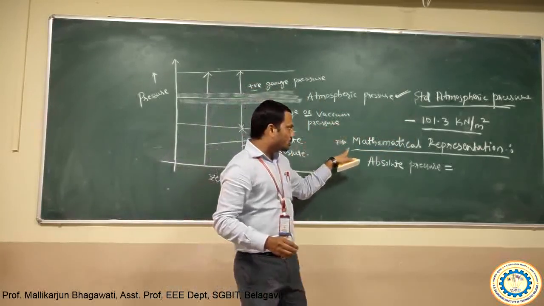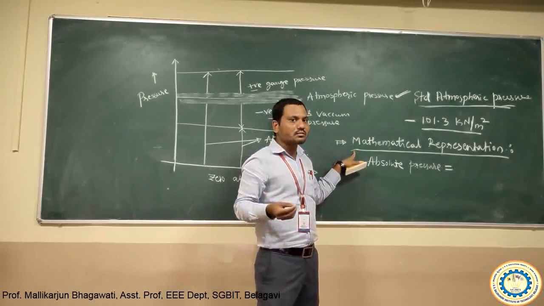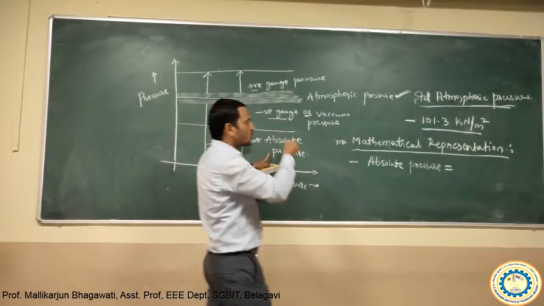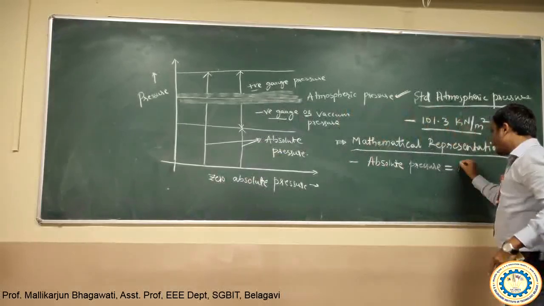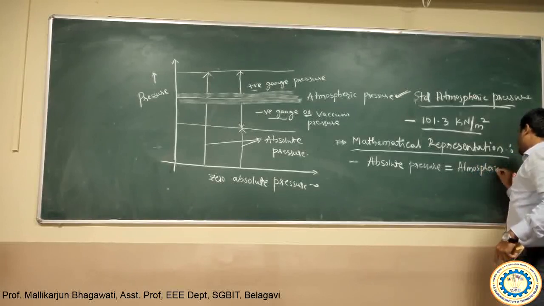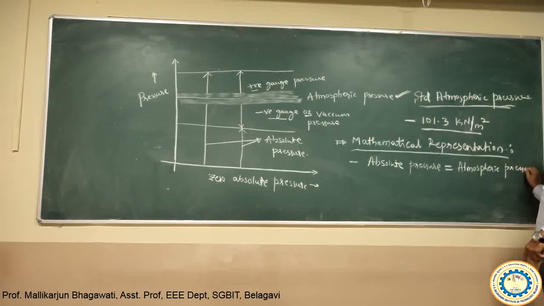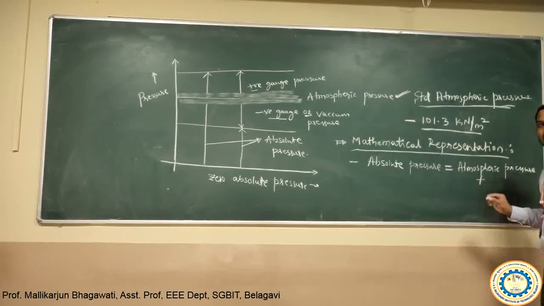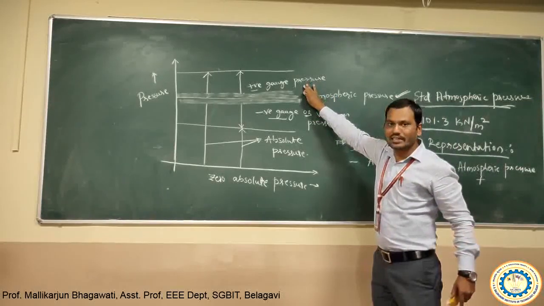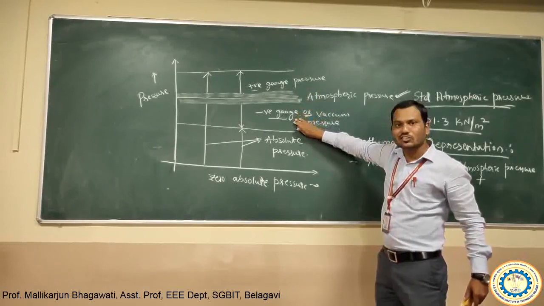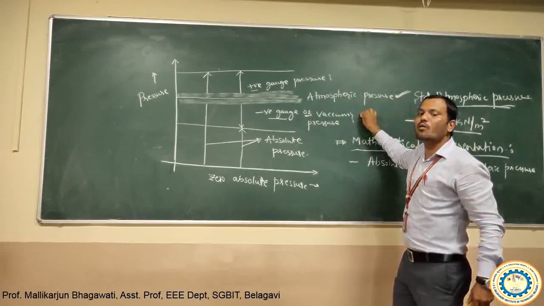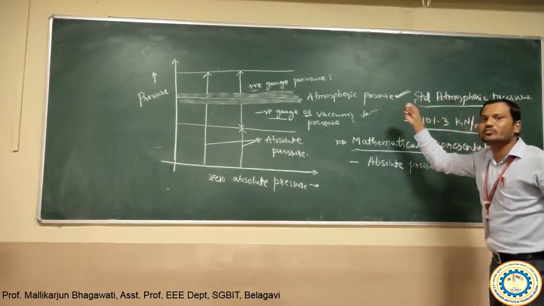But when we represent it mathematically, absolute pressure is equal to the atmospheric pressure plus the gauge pressure, where the gauge pressure may be positive or negative, the negative one being the vacuum gauge pressure.